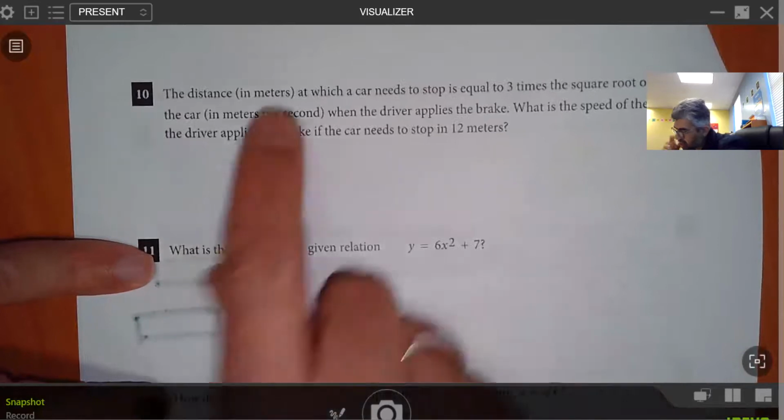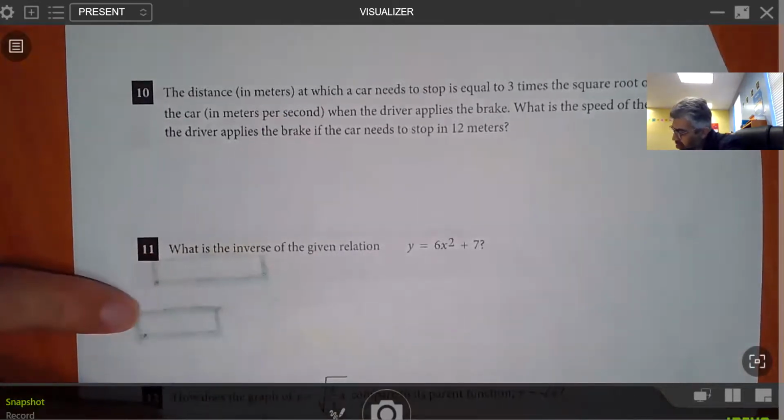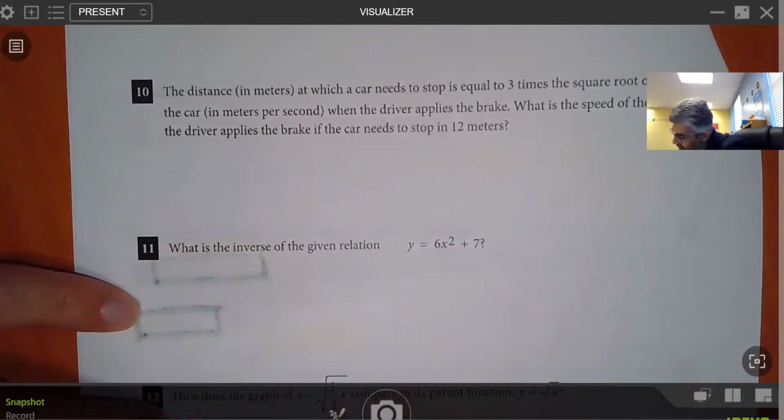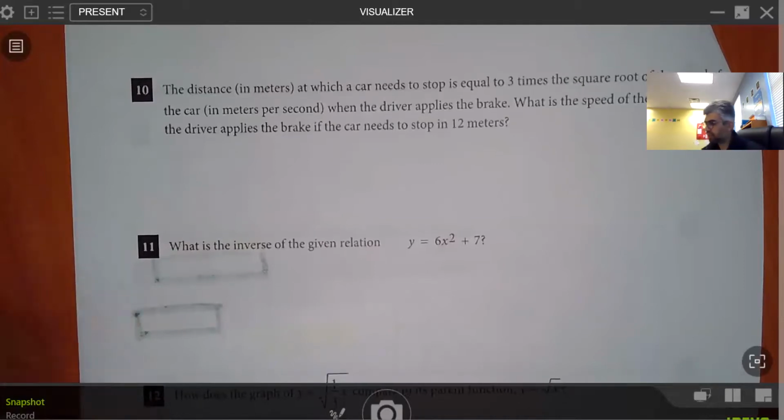The distance in meters at which a car needs to stop is equal to 3 times the square root of the speed of the car in meters per second when the driver applies the brake. What is the speed of the car if the car needs to stop in 12 meters?